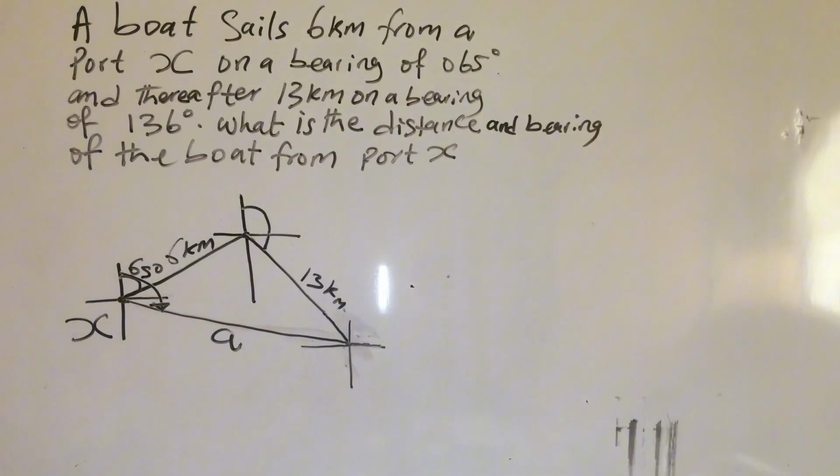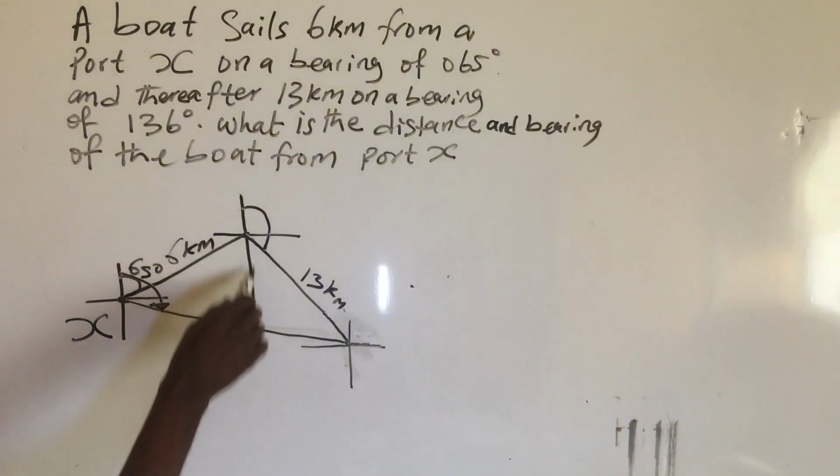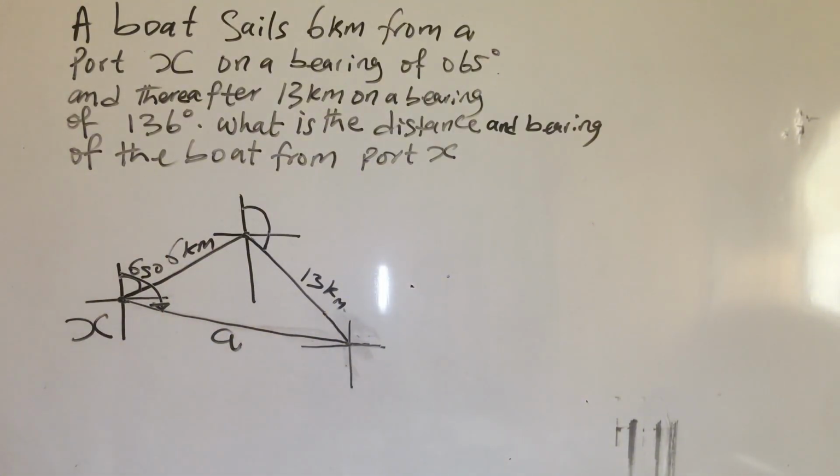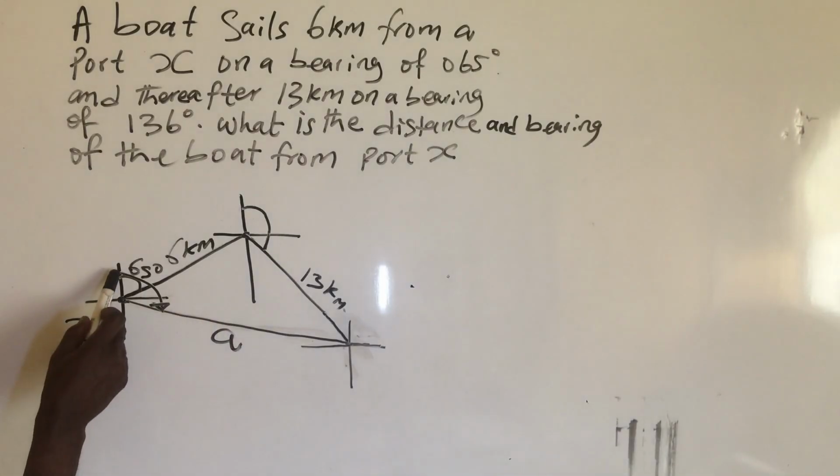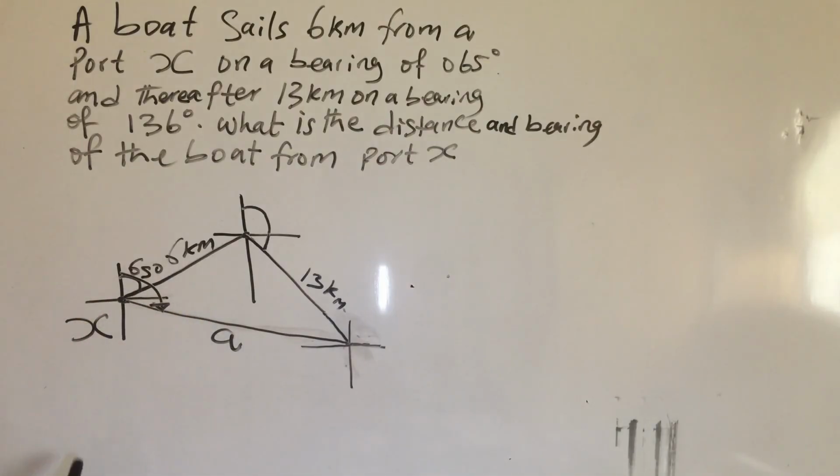All right. Now let us continue solving. All these four quadrants, they are in parallel lines. This is parallel to this, and these are parallel to this. So we will make use of alternate angles to get some of the angles we need here to enable us solve for this. If you look at this diagram now, we have alternate angle from here.